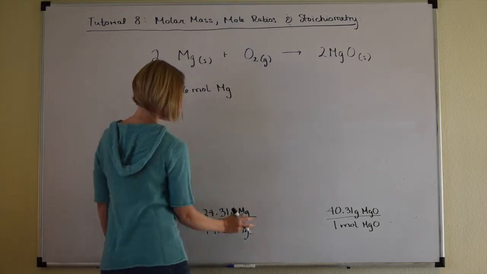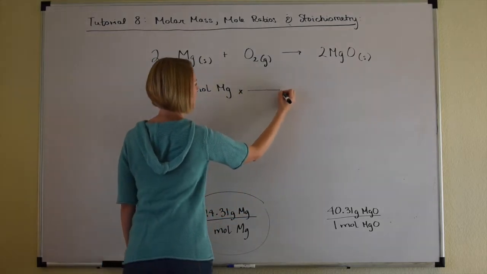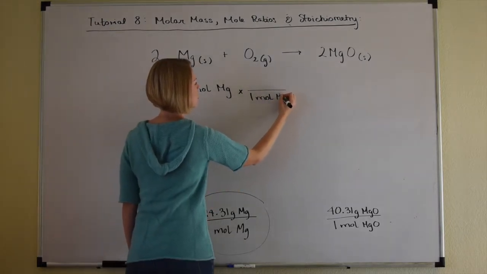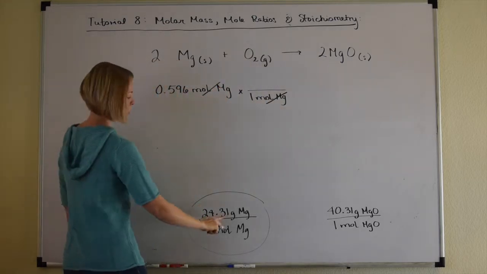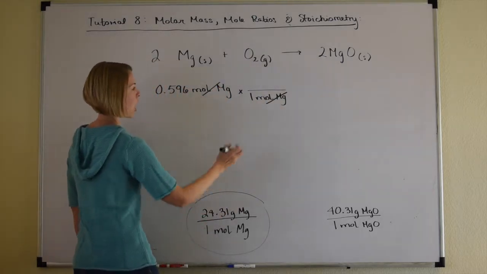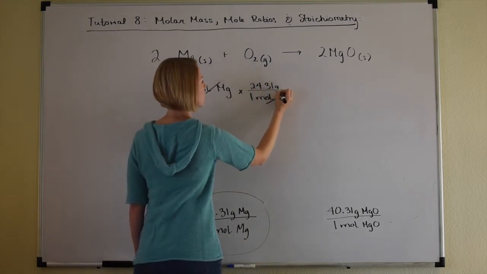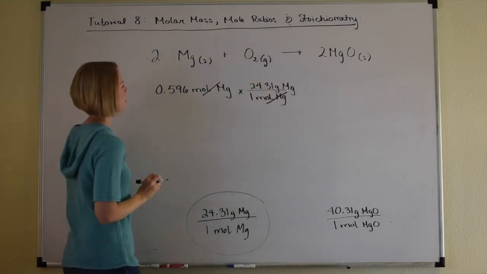Okay, so we can use its molar mass as a conversion factor. Put the mole on the bottom so that that given unit will cancel out. Put the grams on the top so that it will not cancel out, okay?